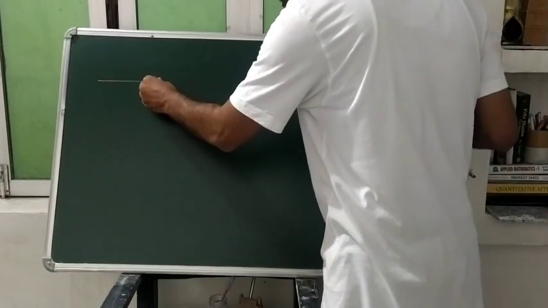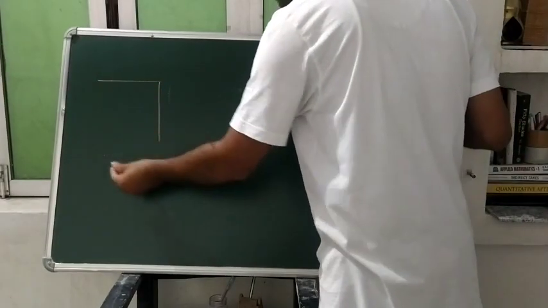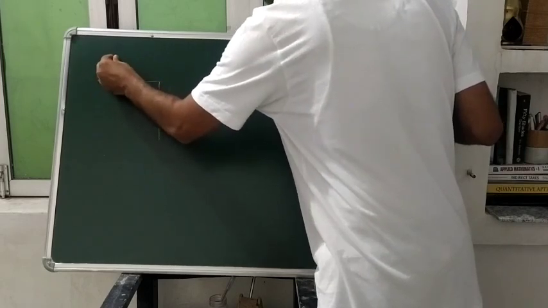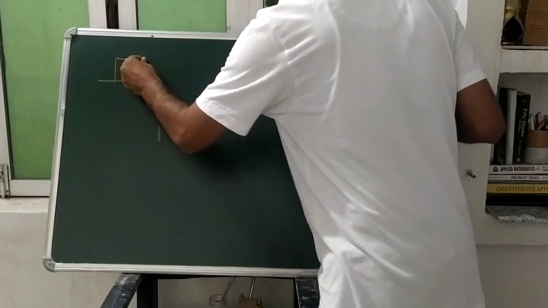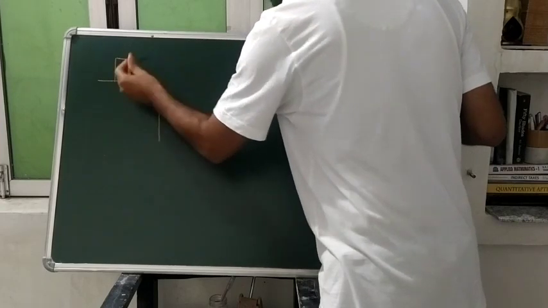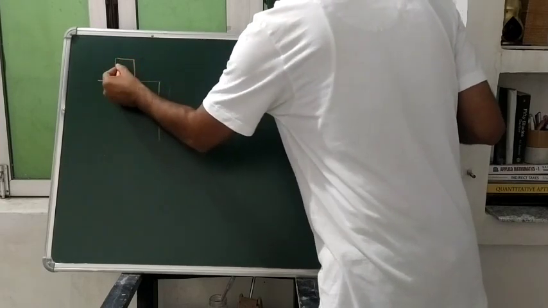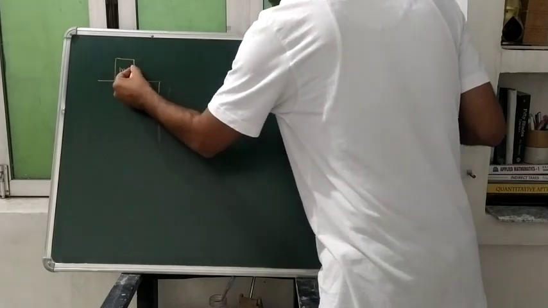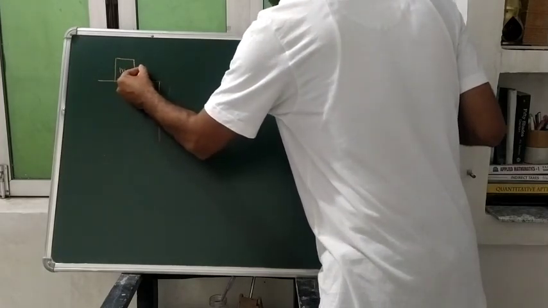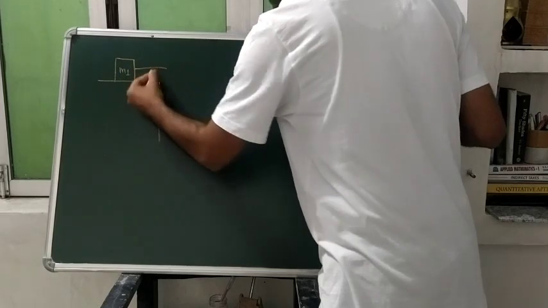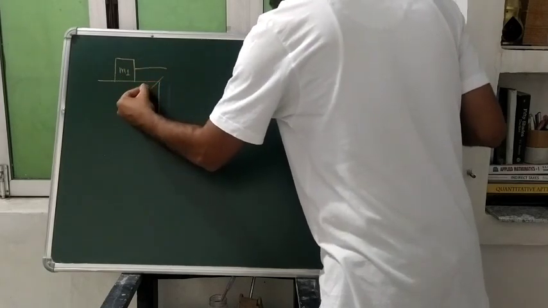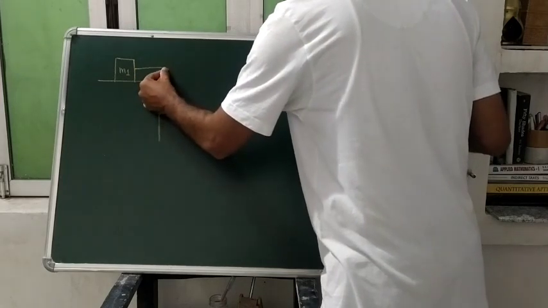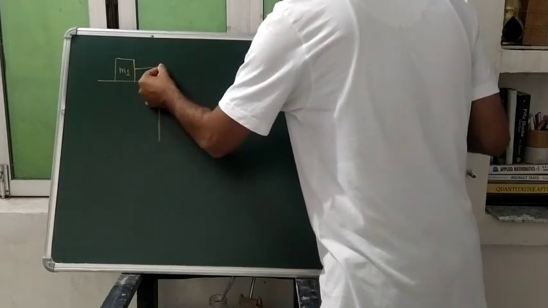Here is a surface, and a block of mass m1 is resting here. One end of this string is attached to this mass. Here is a fixed pulley.